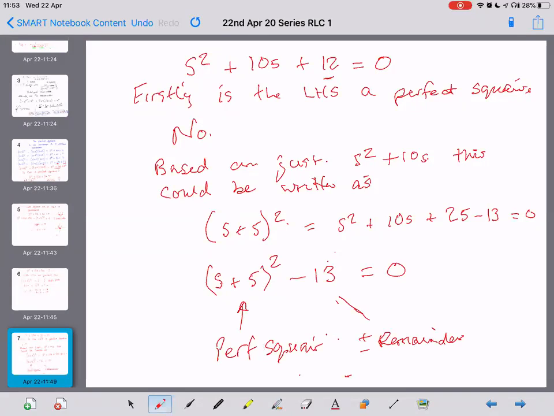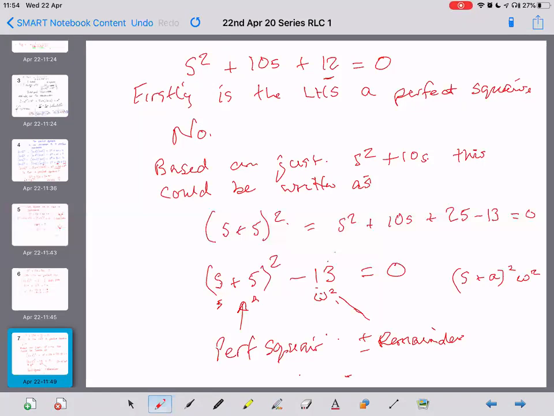And remember, we've seen the form now of that expression that we're looking for, something like s plus a all squared plus omega squared.